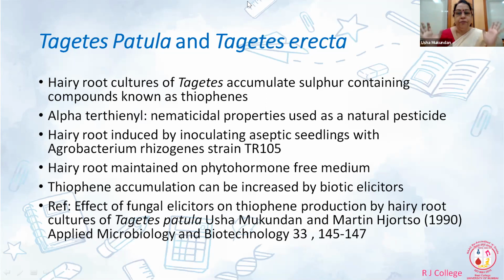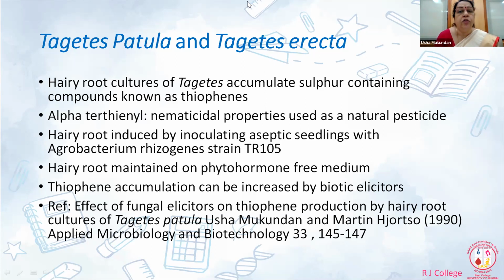Within 10 days, you get a profusion of hairy roots, and then you can establish root cultures within 2 months. A large number of experiments were conducted, and we were interested in looking at the alpha-terthienyl content in these root cultures, which has nematicidal property.